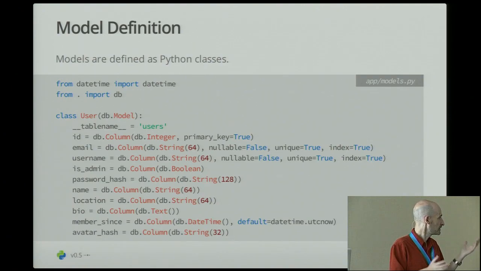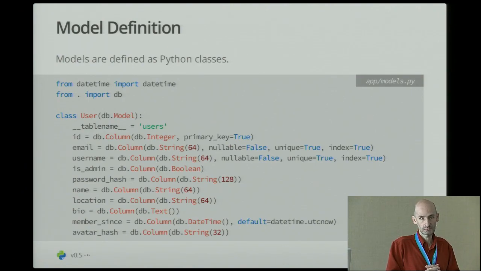Models. Basically, you define them thanks to SQLAlchemy as a Python class. The first thing I put there is the table name. This is a hint to the database for how I want my table to be named. It is optional. If you don't put it there, then a name will be made for you.